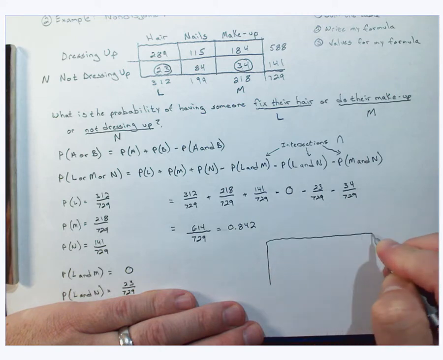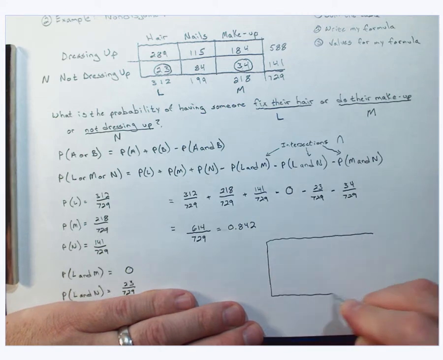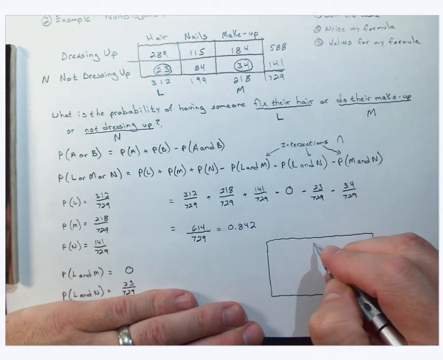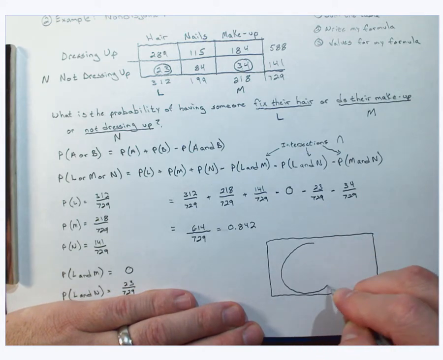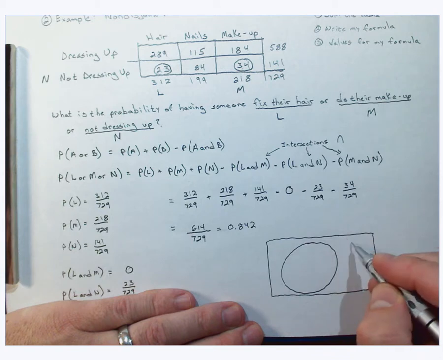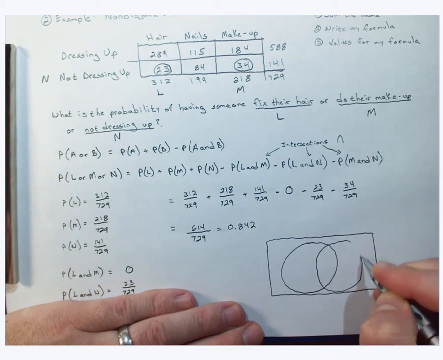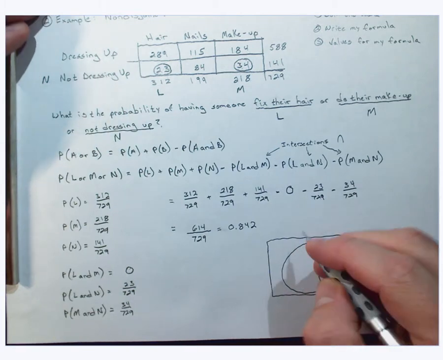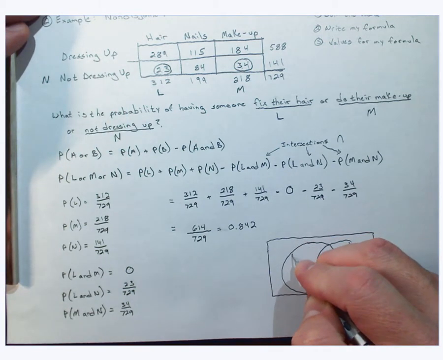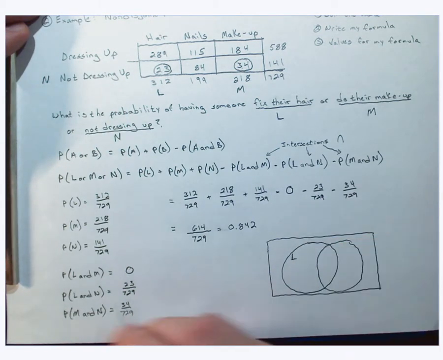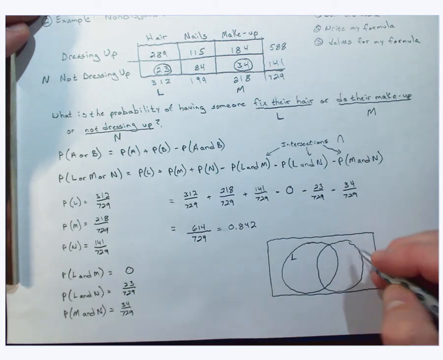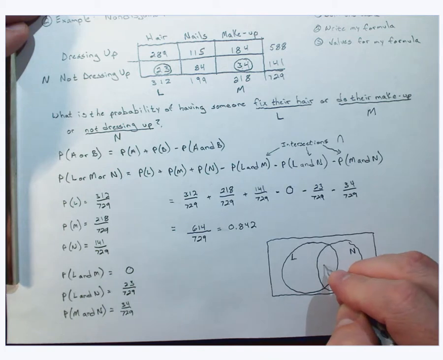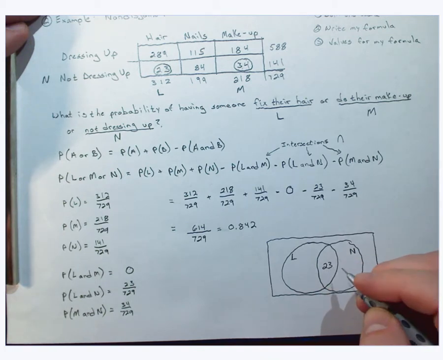Do a Venn diagram, freehand. My apologies. So this was L, right? And this is N. What they both have in the middle is 23.